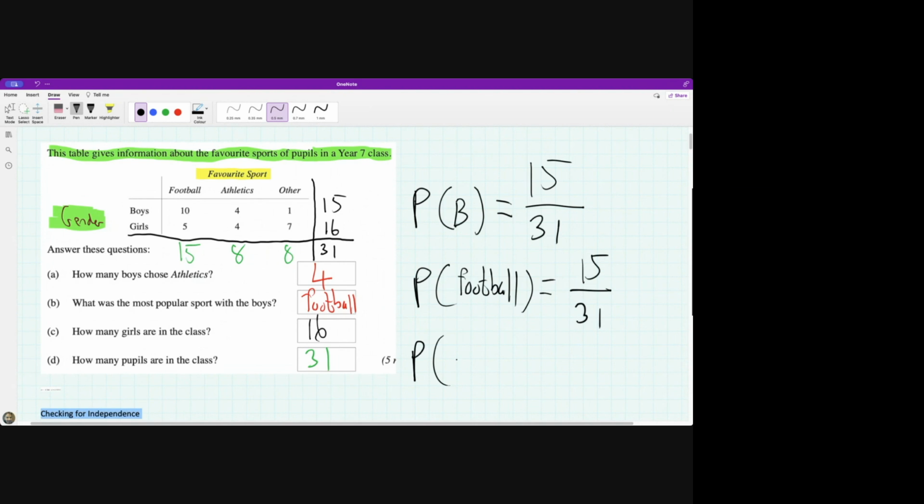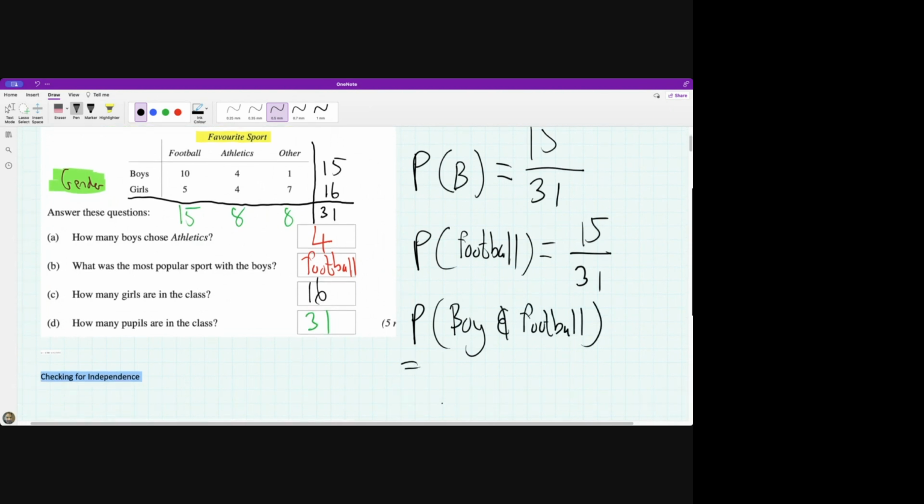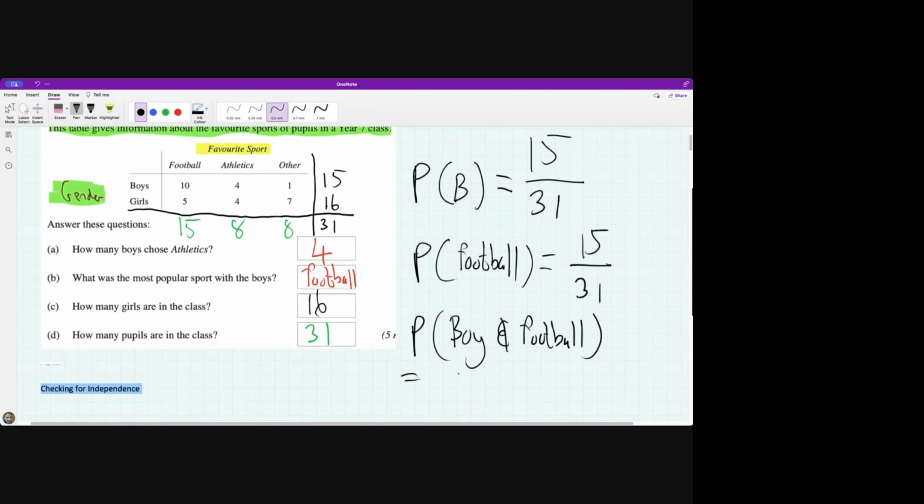What is the probability that a randomly chosen person is both a boy and likes football? So the question is slightly different now. It's saying, look, there's a randomly chosen person in the class. So I know there's 31 people. What's the probability that there will be a boy and they like football?